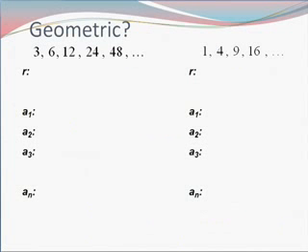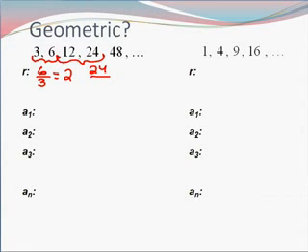Okay, let's use this idea to test and see if a given sequence is geometric. Let's compute the ratio of the second to the first. So 6 over 3 equals 2. And let's take a look at the fourth and the third.